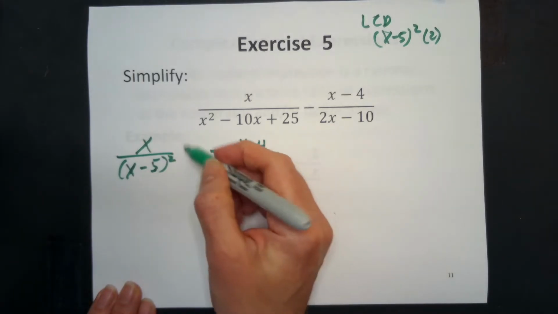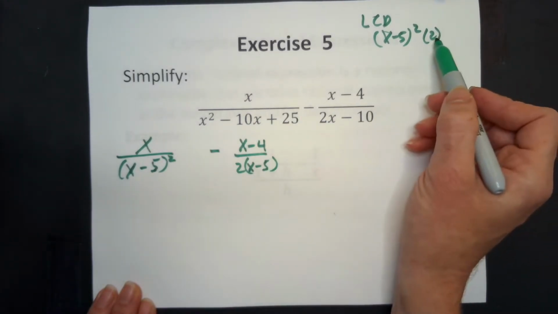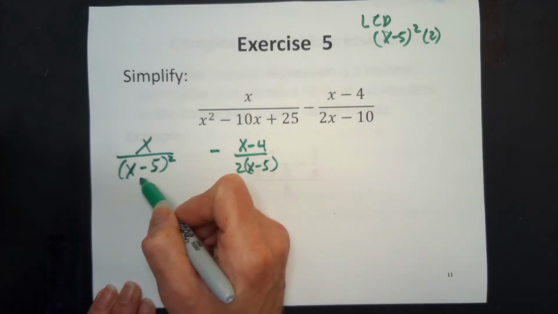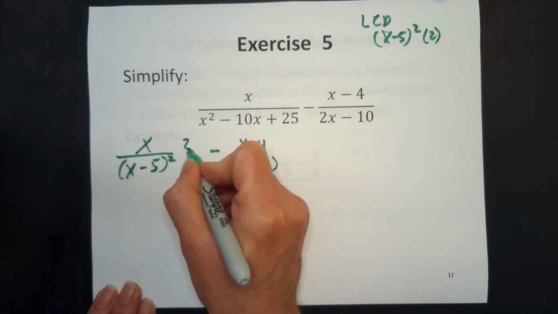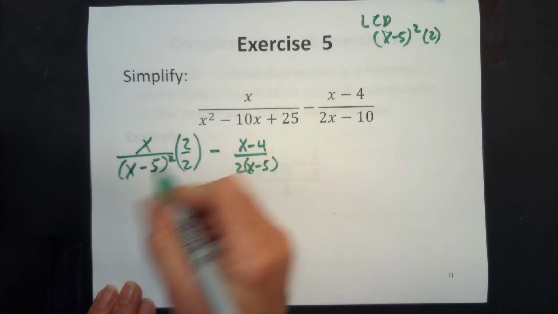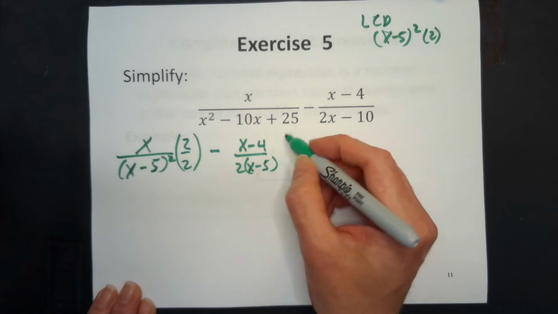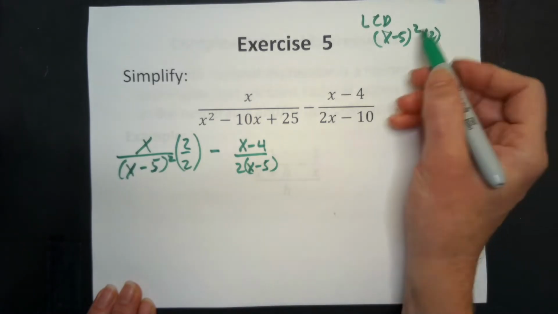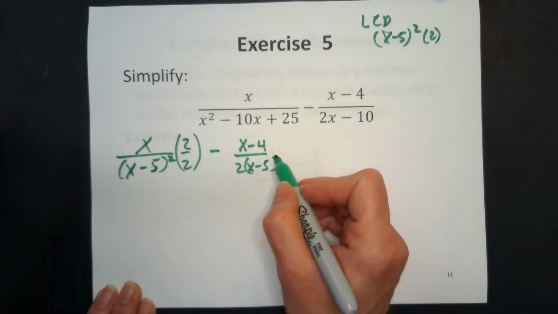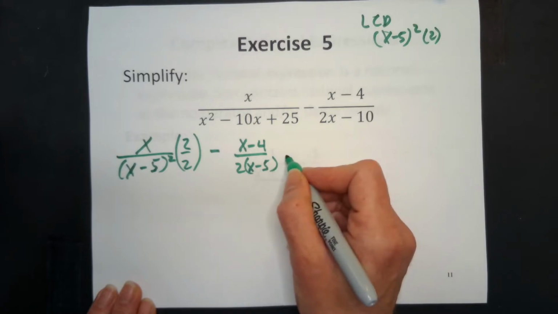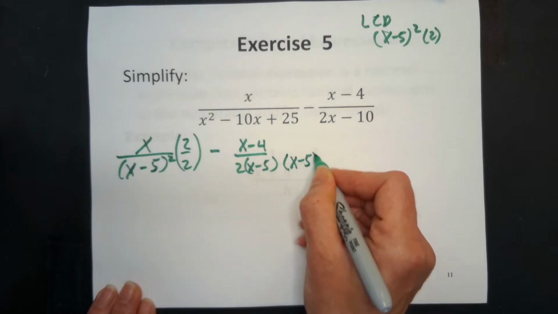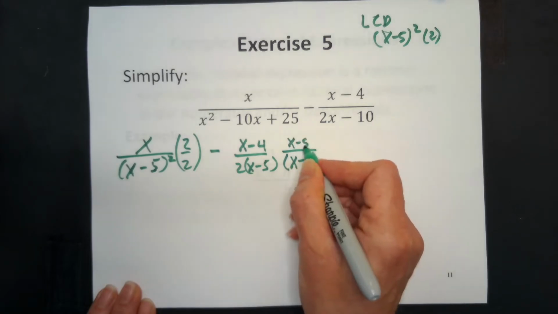Now, I left a space here because I need a 2 for this to be the least common denominator. So I'm going to multiply the top by 2 and the bottom by 2, which doesn't change the value of my fraction. And over here, this is missing one of my powers of x minus 5. In order to make this x minus 5 squared, I'm going to have to multiply top and bottom by x minus 5.